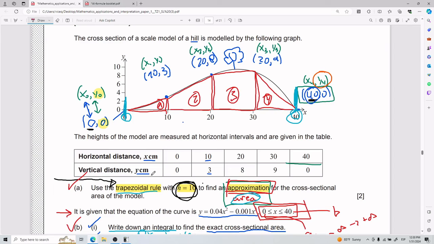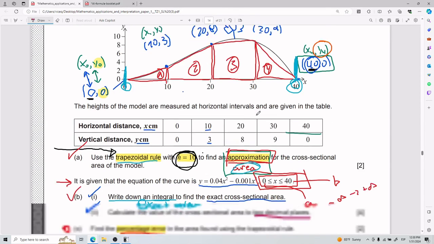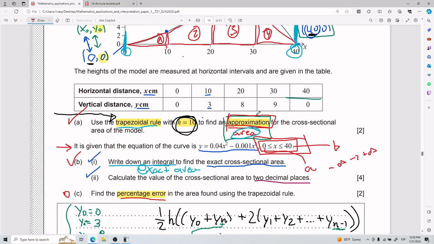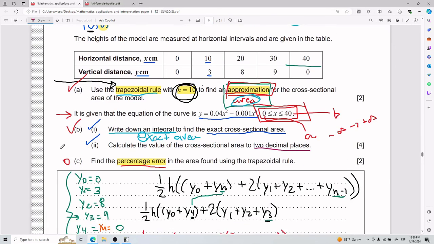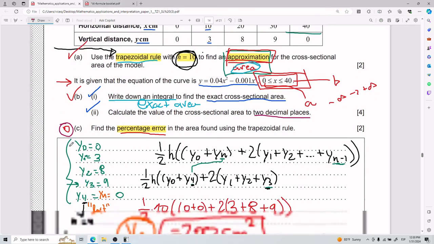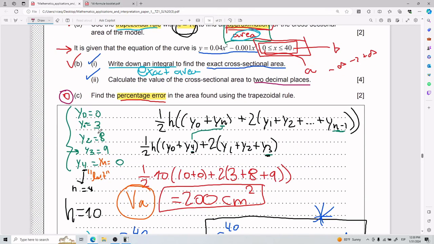The approach, the method that you use is always the same. So that's friendly in that sense, and if you practice 2 or 3 of these, they don't usually throw curveballs here. I think the biggest curveball was the percentage error, which again is just the formula that is in the formula booklet. If you're familiar with it, you'll survive.